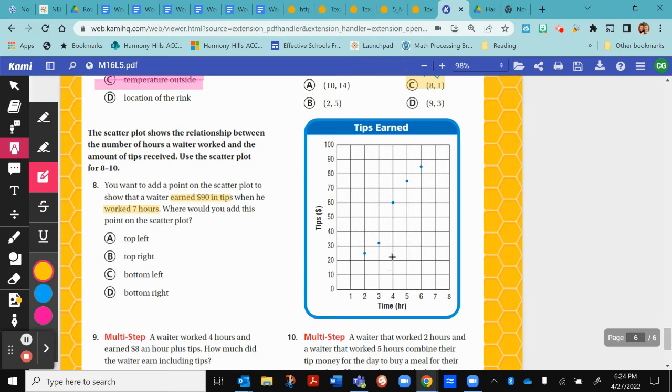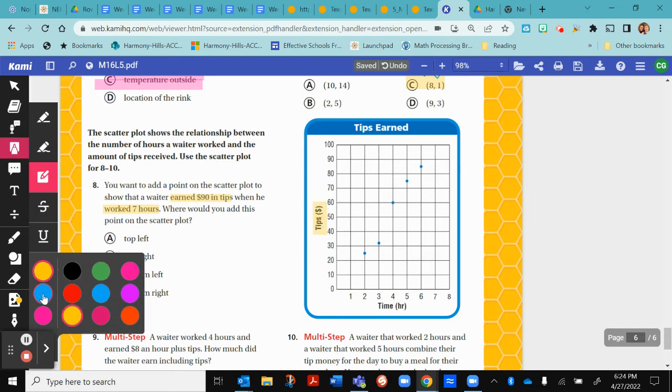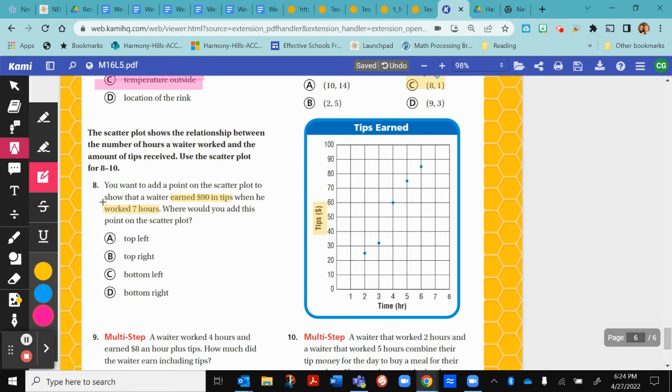So I'm looking on here, he earned in tips. Here's my tips. And I actually can't change the coloring. And this is hours worked. Guys, if you need to use colored pencils to differentiate that, don't forget you're going to have to ask for your colored pencils. Okay. So he earned $90 and he worked 7 hours.